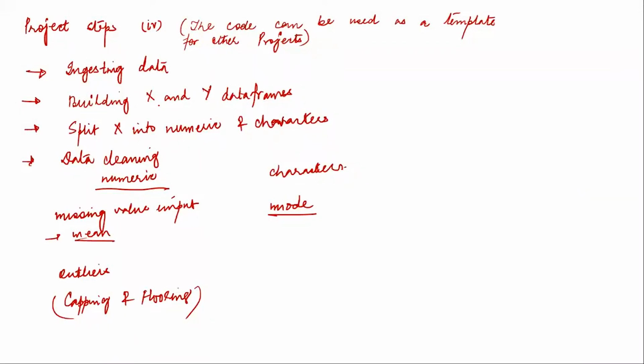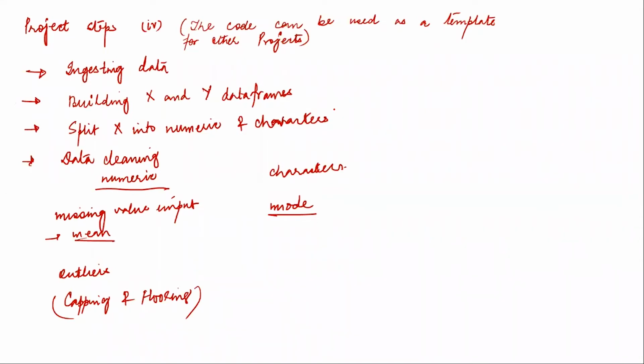Now you will have two kinds of features within X: numeric features and character features, isn't it? Within numeric features, you will have a certain way of dealing with the data cleaning, and character features you will clean differently, right? At this stage I'm keeping them separate.